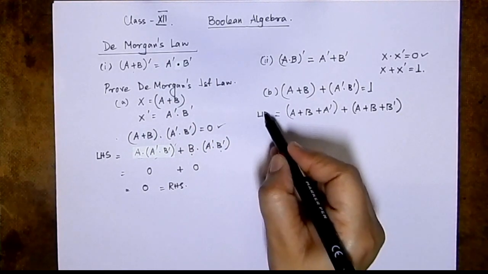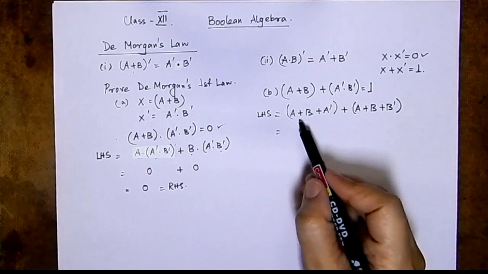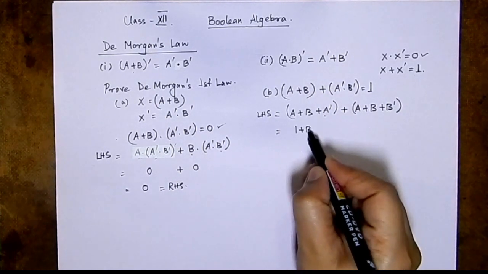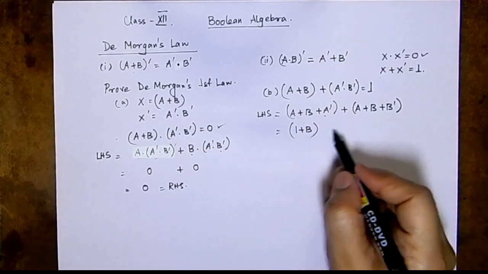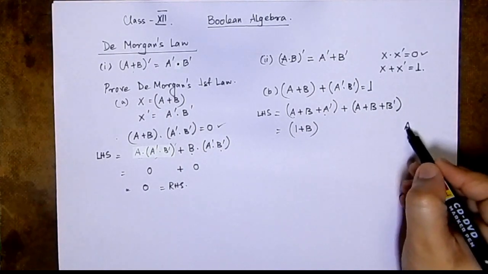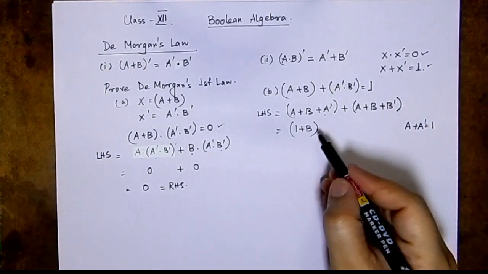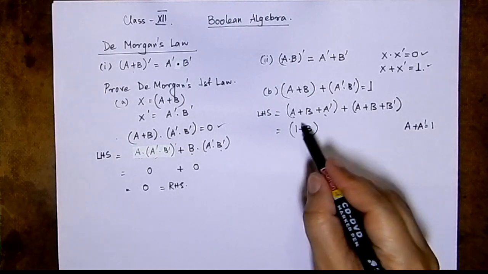This is again the LHS. Now a plus a dashed is equal to 1. So this is 1 plus b. What am I using here? That a plus a dashed is equal to 1, that is actually this one. So this plus this is 1, 1 plus b.